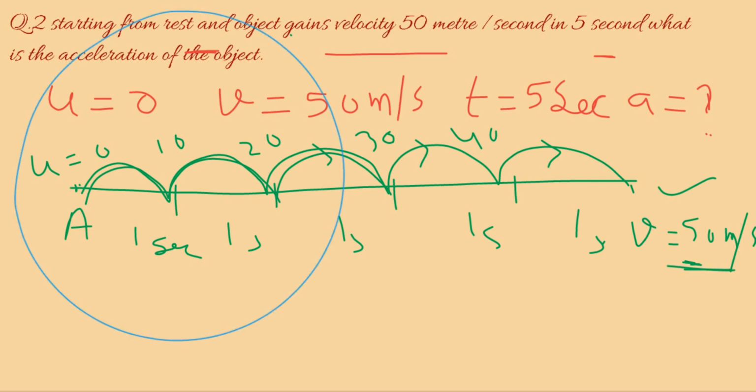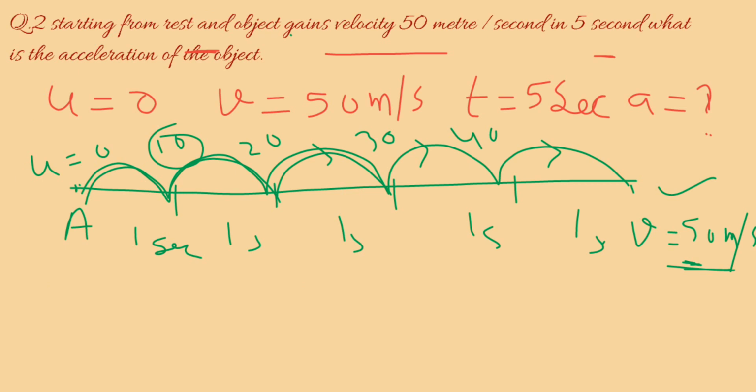So what would the acceleration be? By this diagram you can watch. What is 10? As it accelerates, the velocity gains 10 meter per second. In another 1 second it gains the velocity 20 meter per second. So what is the interval?